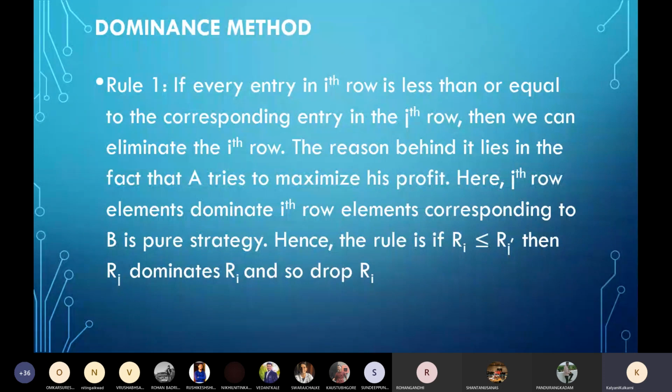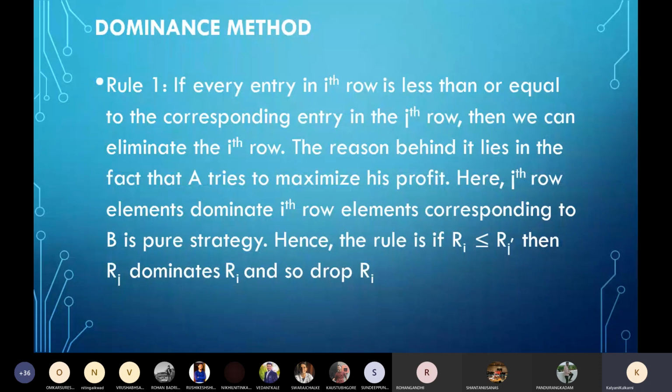Hence, the rule is if Ri is less than Rj, then Rj dominates Ri, and so Ri is dropped. Rule 1 is for player A who maximizes winning, and the second rule is for player B who minimizes his loss. So just write down these two rules as it is. Once we see an example, it will be more clear to you.